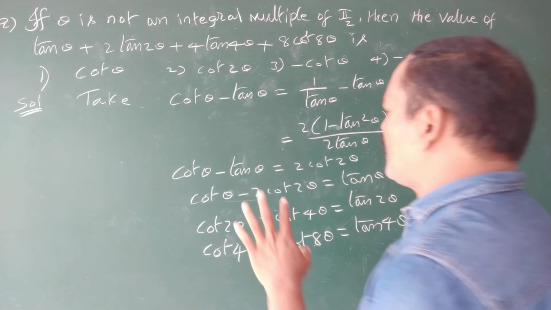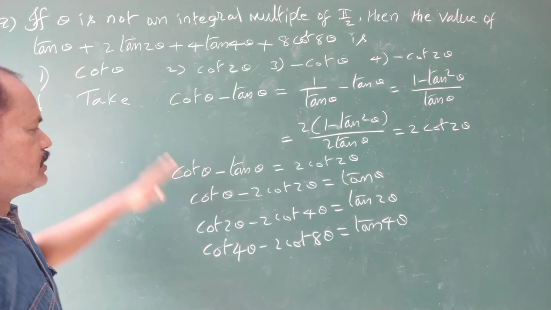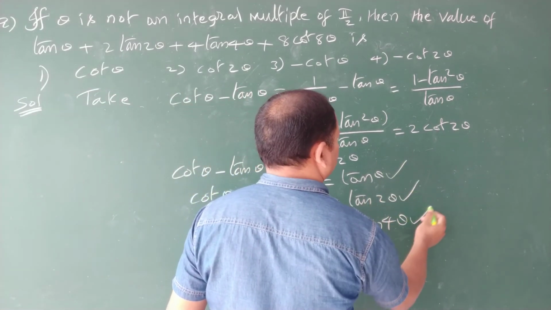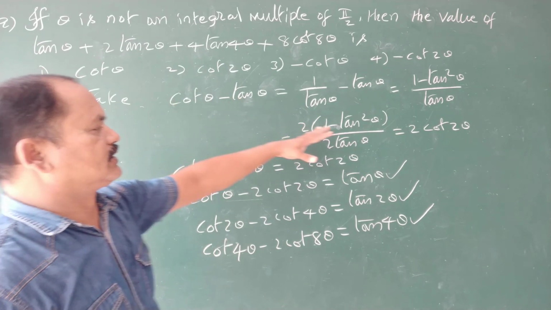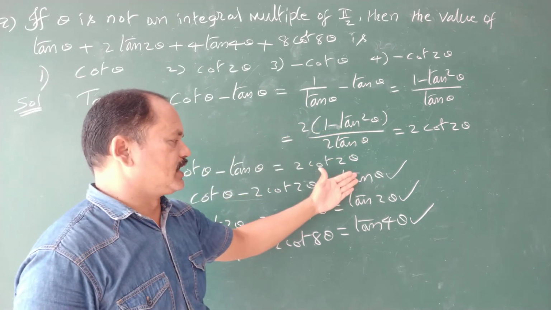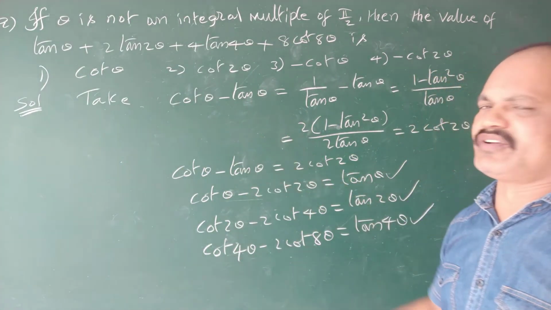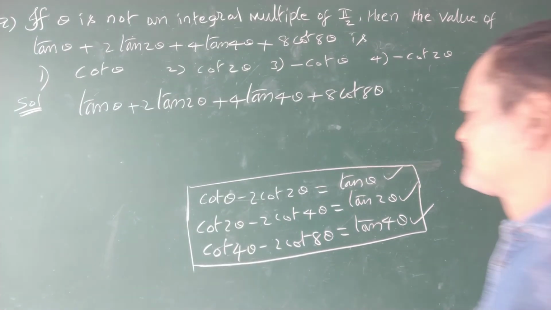Now we substitute all these in the given question. Here tan theta, tan 2 theta and tan 4 theta are available, and we identify them from cot theta minus tan theta. Now we substitute all these values.